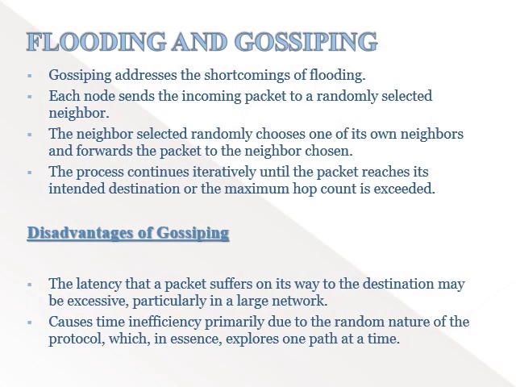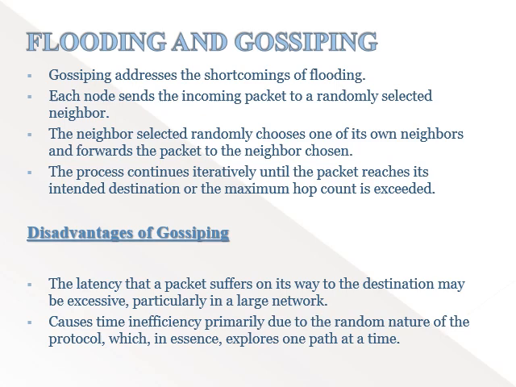On the other hand, gossiping addresses the shortcomings of flooding. Each node sends the incoming packet to a randomly selected neighbor. The neighbor selected randomly chooses one of its own neighbors and forwards the packet to the neighbor chosen. The process continues iteratively until the packet reaches its intended destination or the maximum hop count is exceeded.